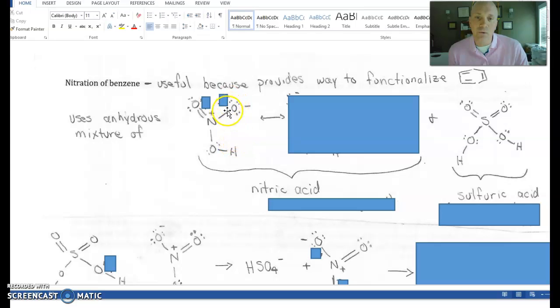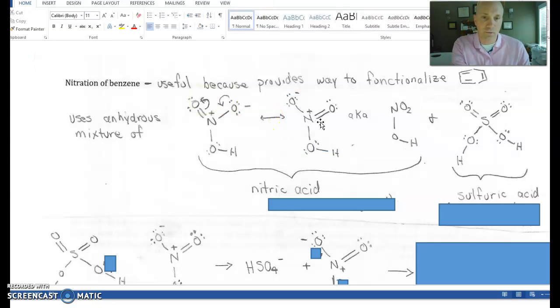You don't show the charges because overall the charge is neutral. One thing about this structure is you can draw a resonance structure with it, which would go something like this. Draw an arrow from one of these electron pairs going down to the nitrogen, and show this electron pair from the double bond going up to the oxygen, and that would give you this particular form right here.